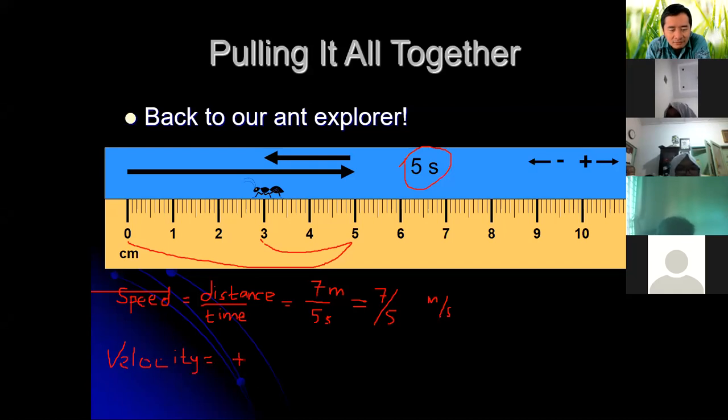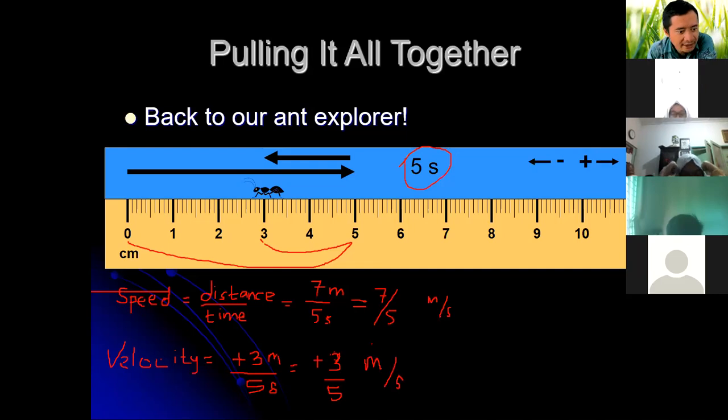And the result is plus 0.6 centimeter per second. Displacement is plus 3, the time is 5, so equal to 3 per 5 per second.